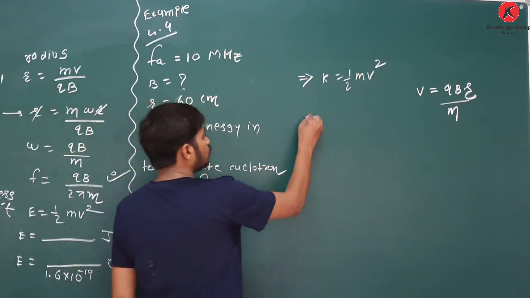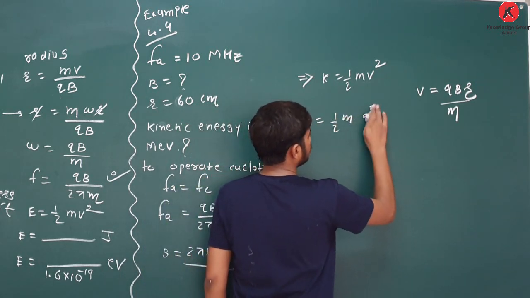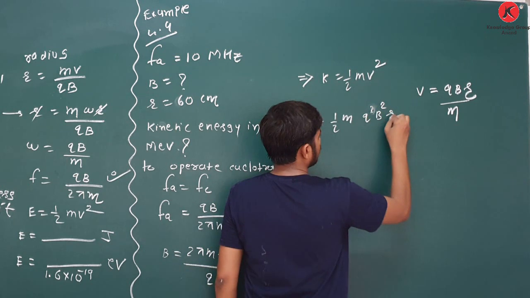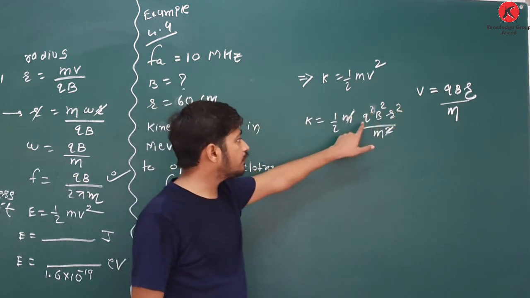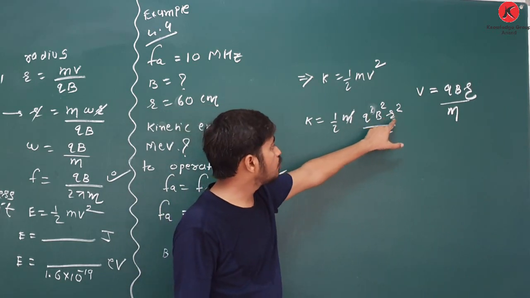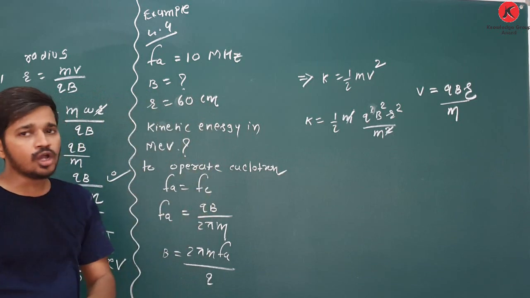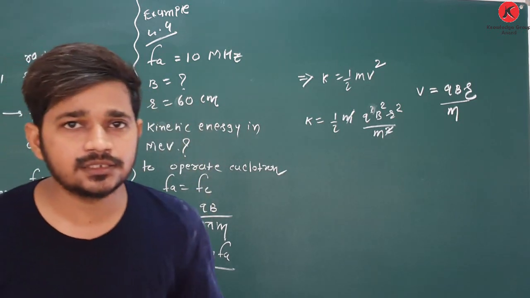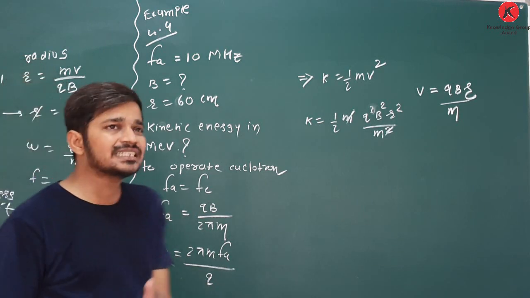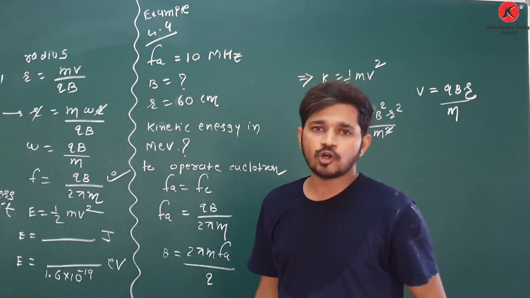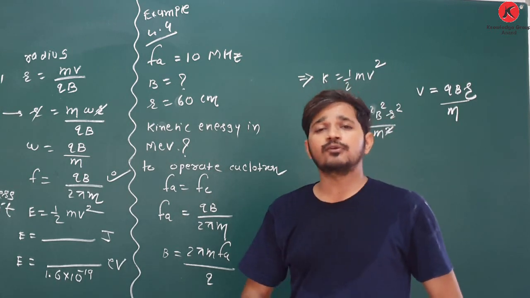So put the value here. K is equal to half m, v square means q square B square R square upon m square, m cut. You have the value of q, B and R. Divided by 2. Put each and every value, you will get your answer. Clear about this? So these two questions are easy, based on cyclotron and motion of charged particles in a magnetic field.